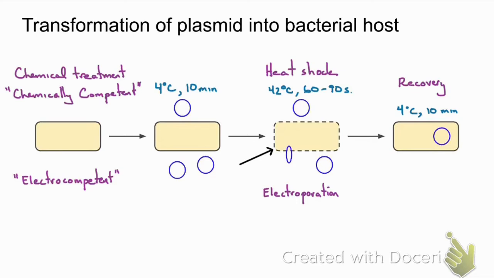The electricity here, in the same way as the heat shock did, is going to open up those bacterial cell pores to allow for DNA to diffuse into the cell. After electroporation, cooling these cells down on ice is going to help to close up those pores to allow for those bacterial cells to recover.